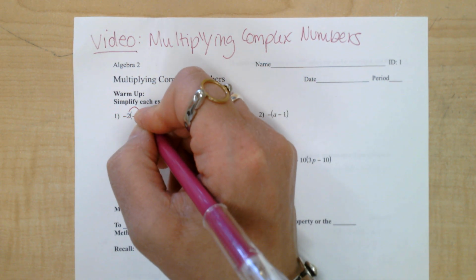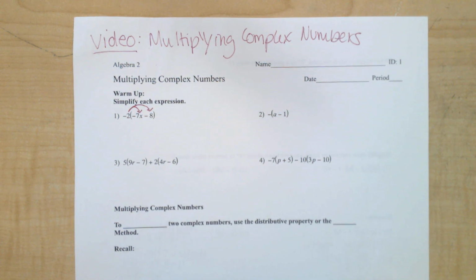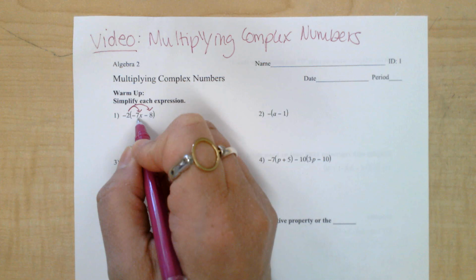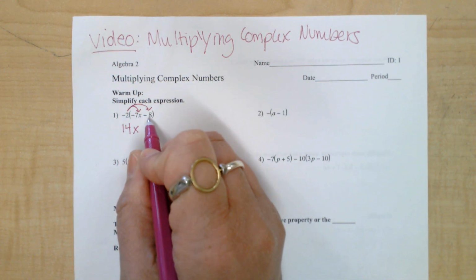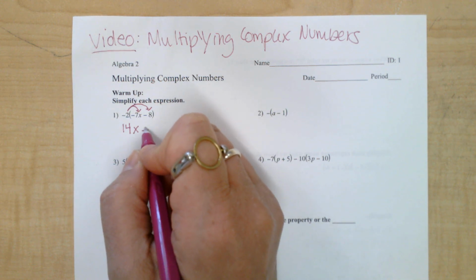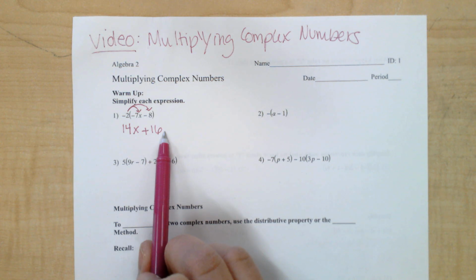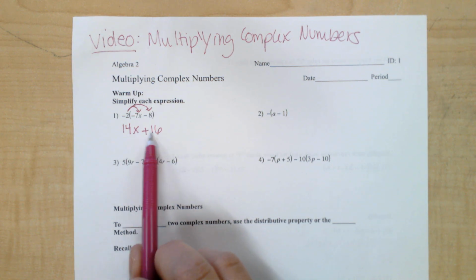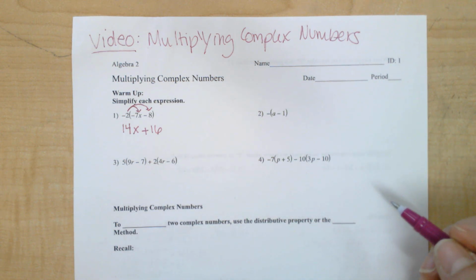I'm going to distribute, which means I'm going to multiply the negative 2 by what's inside the parentheses. So negative 2 times negative 7x gives us a positive 14x. Negative 2 times negative 8 gives us positive 16. These are not like terms, so I stay there and I don't move further.